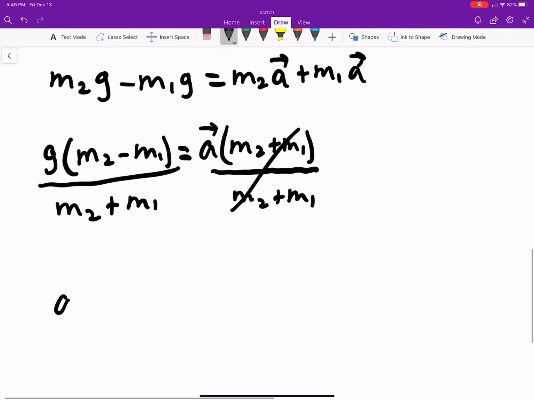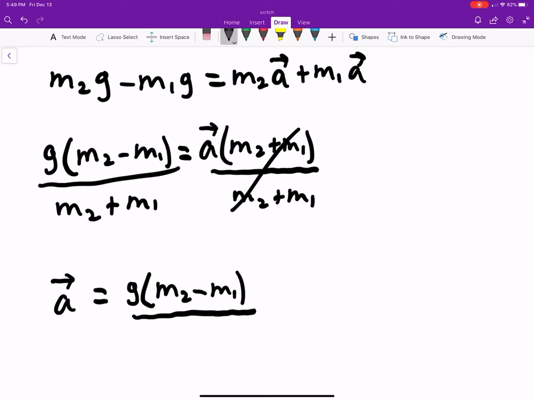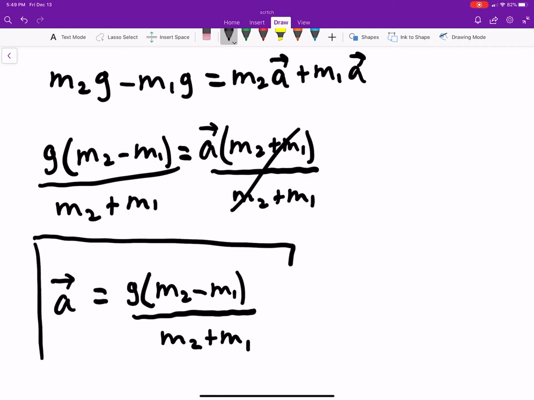And we find the acceleration of the block is equal to g times mass 2 minus mass 1 all over m2 plus m1. And all these are known. We know the mass and we know gravity. I'll let you guys plug that into the calculator.